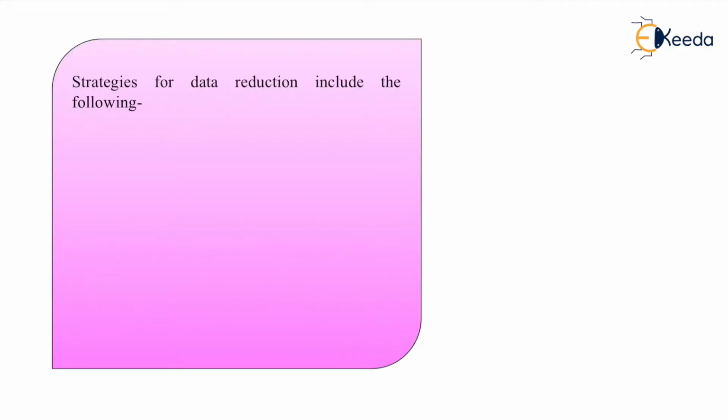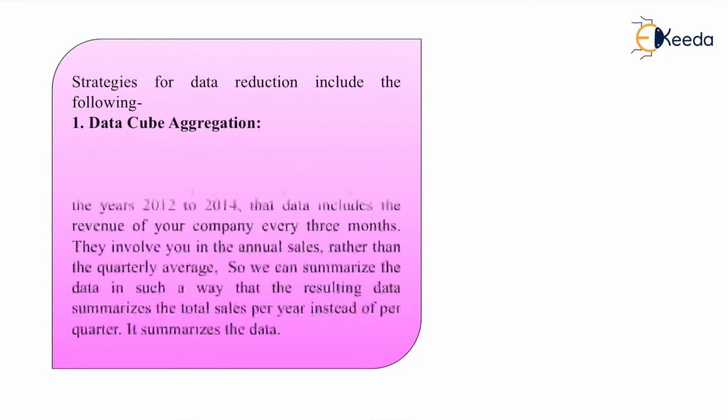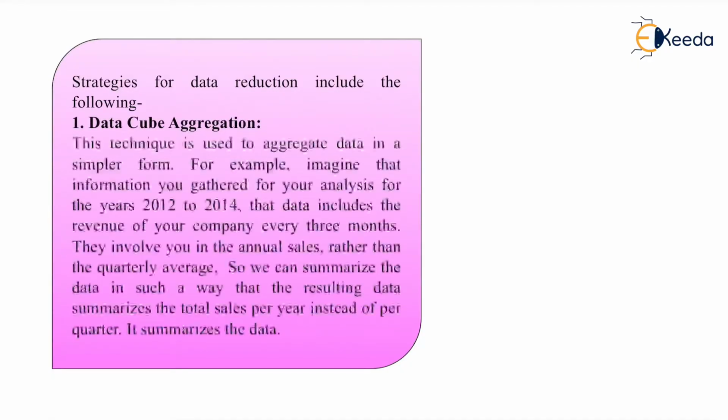Some strategies which we apply while performing data reduction are: first is data cube aggregation. This technique is used to aggregate the data in a simple form. For example, imagine that the information you gathered from your analysis for the years 2012 to 2014 includes the revenue of your company every 3 months.